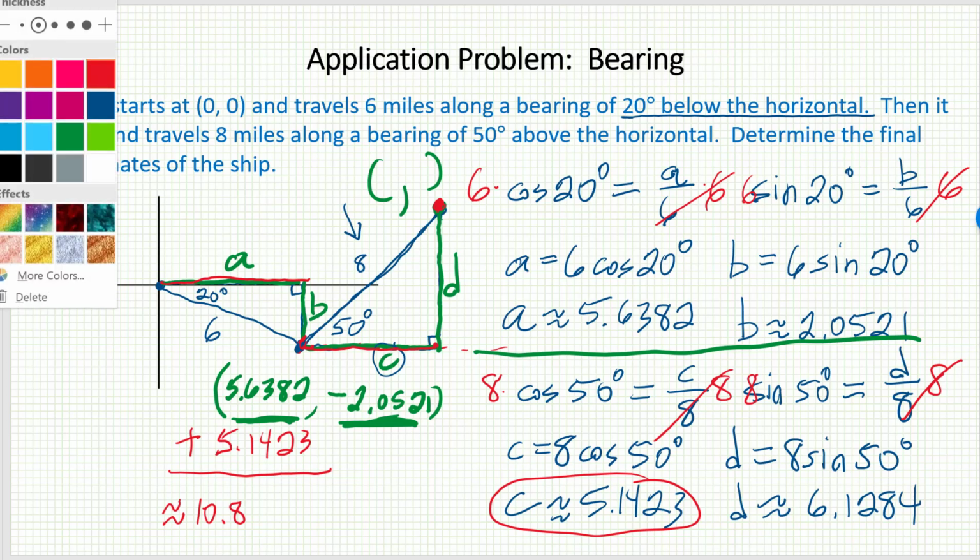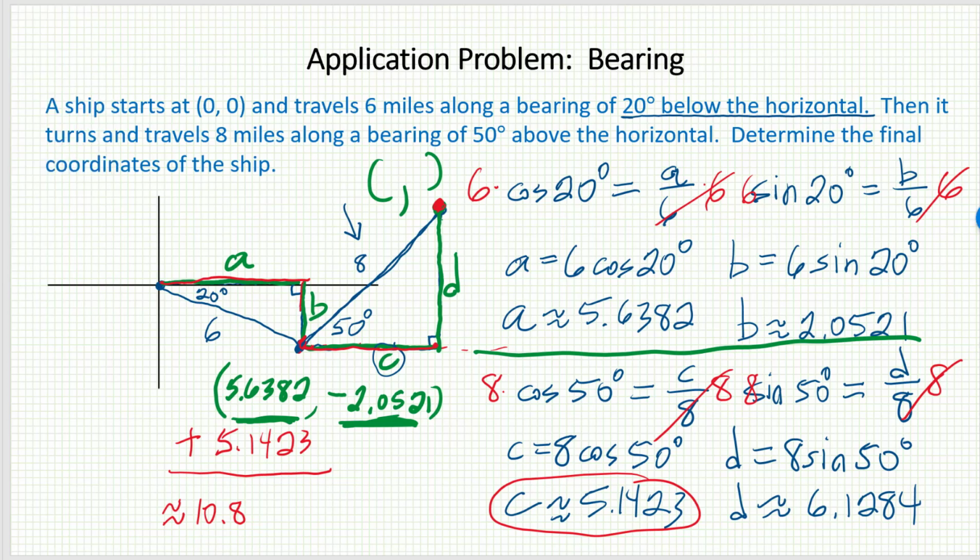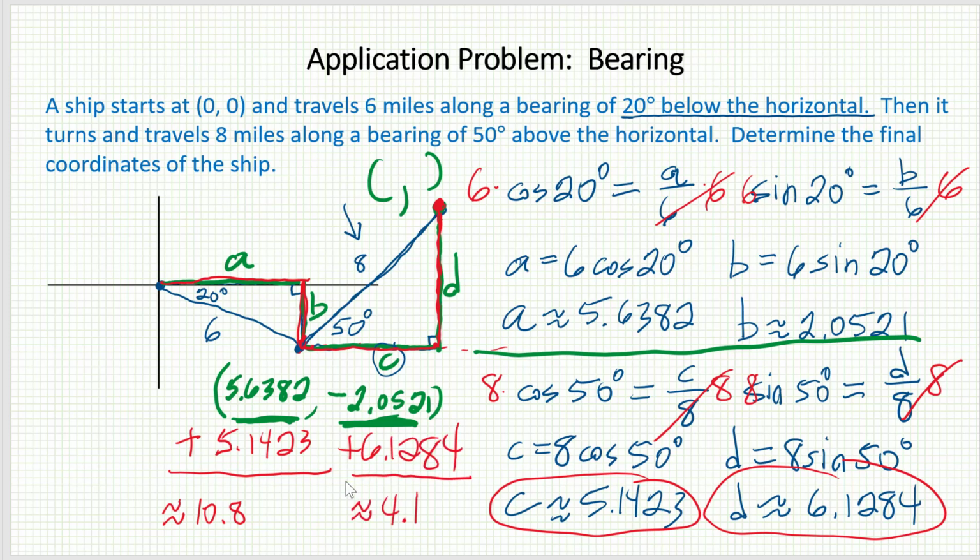For the y coordinate, I went down to negative 2.0521 and then from there went up by 6.1284. Up is positive, so if I add 6.1284 here, I'll have the y coordinate, and that comes out to be about 4.1. So the final coordinates come out to be about 10.8 comma 4.1.